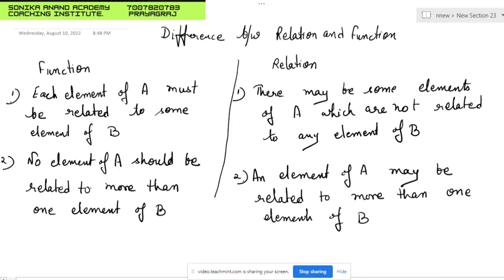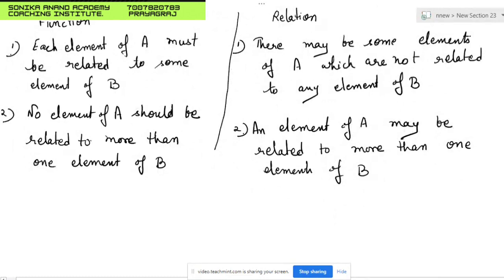I'm going to explain you. First you note it down, then I will explain you.